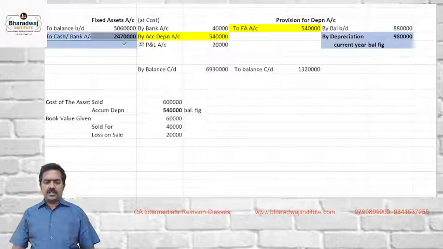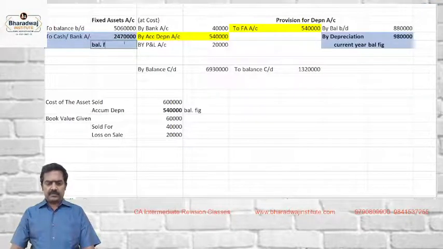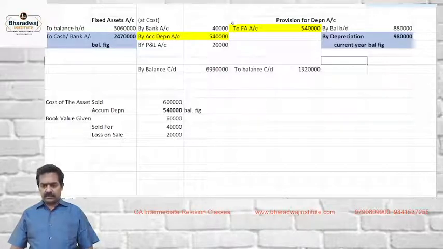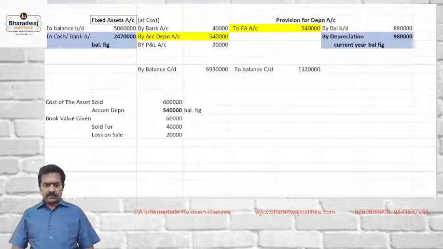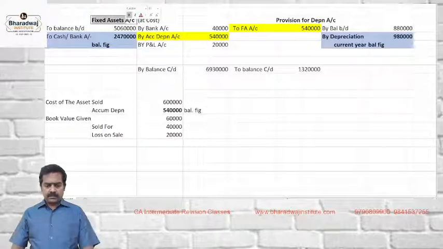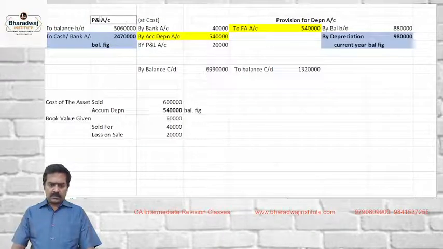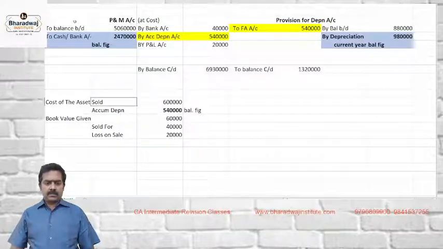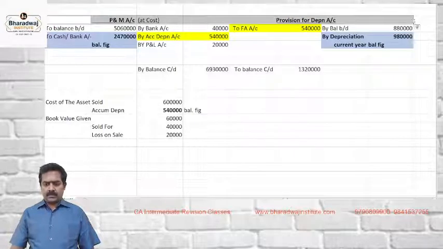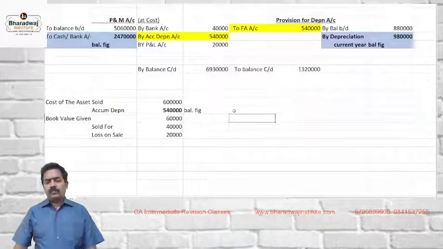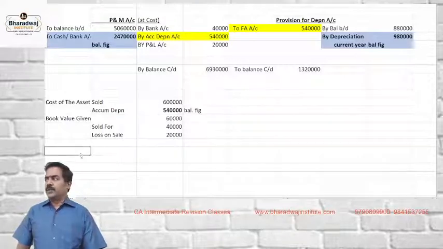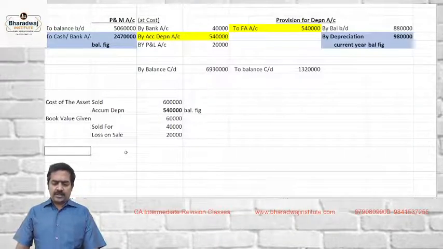That is nothing but this balancing. Having done this, we can start with which one? Cash flow statement.